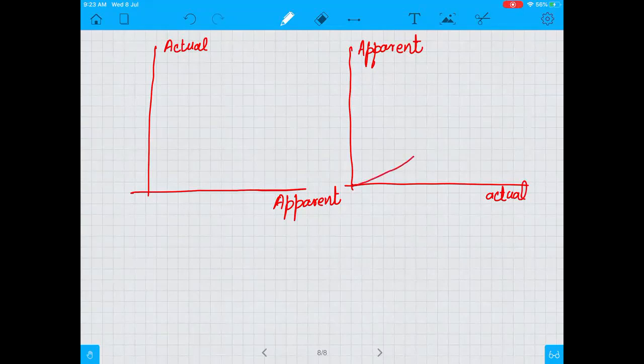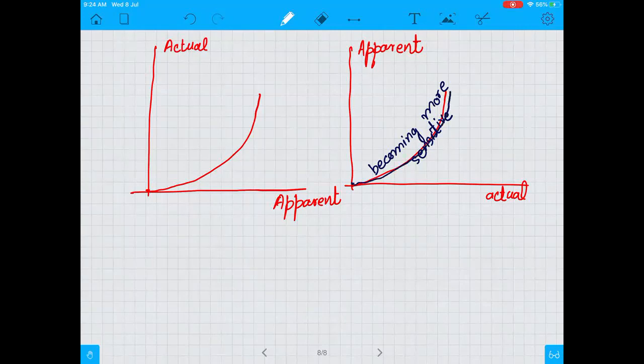Let's suppose you have this graph in both the cases. This graph shows it is becoming more sensitive. So if the graph is bending towards the apparent axis, then the divisions are getting bigger and the instrument is becoming more sensitive, towards high values.